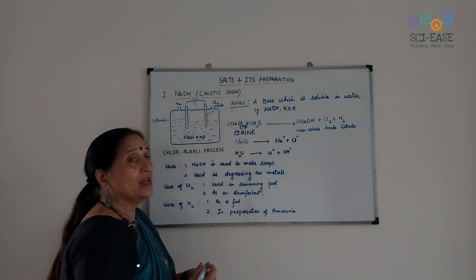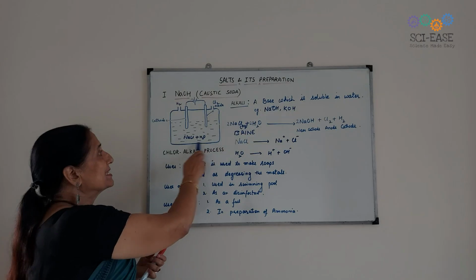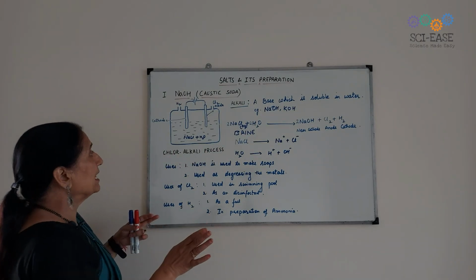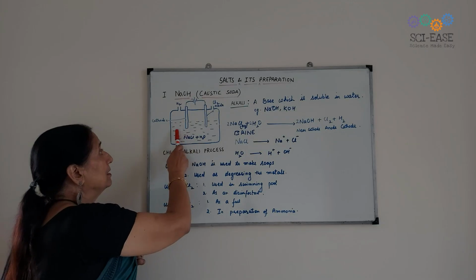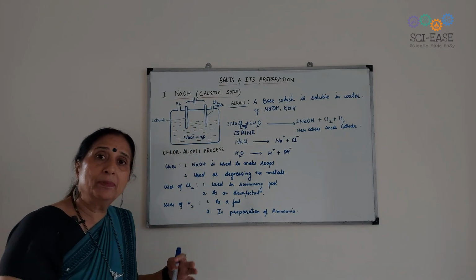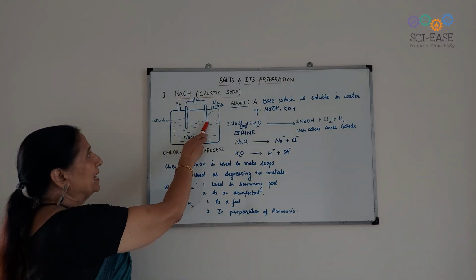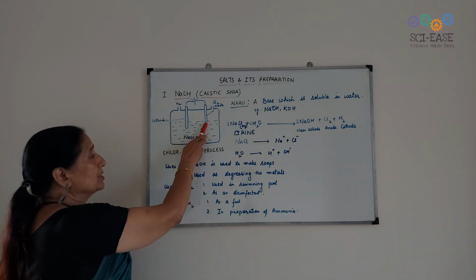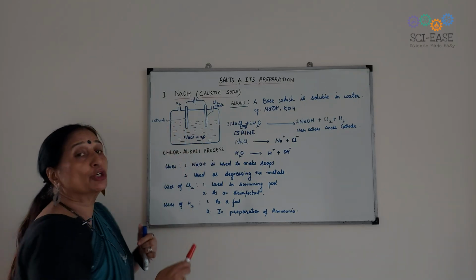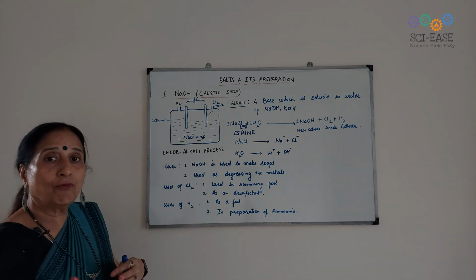B-R-I-N-E. So, this is the electrolytic cell made up of glass. We will take here 2 electrodes which may be made up of carbon, graphite, or any such substance. The electrolyte should be brine, that is sodium chloride plus water.